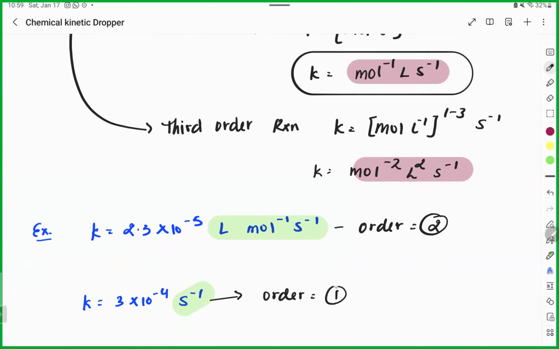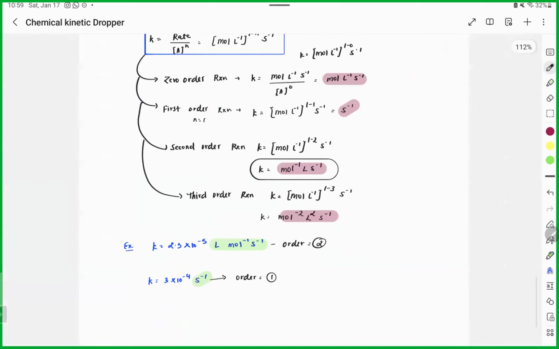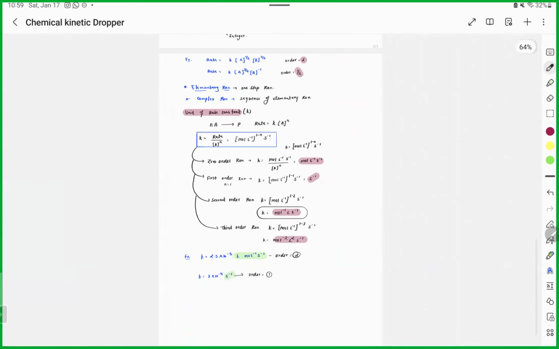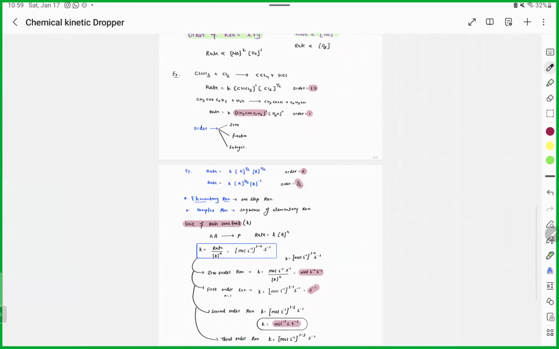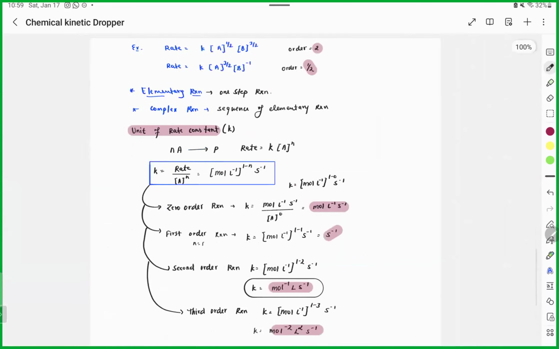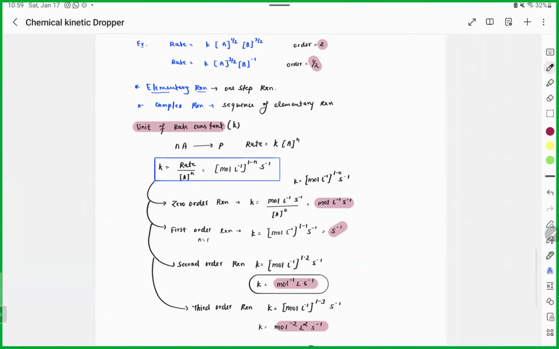Sir, what did you do after the table question? After the table, we did some examples. Order can be zero, fraction, and integer. Elementary reaction is a one-step reaction. Order of a reaction is the simple addition of the stoichiometry in the rate law. Complex reaction is a sequence of reactions. Unit of rate constant depends upon the situation.